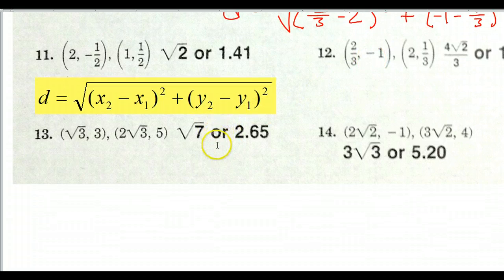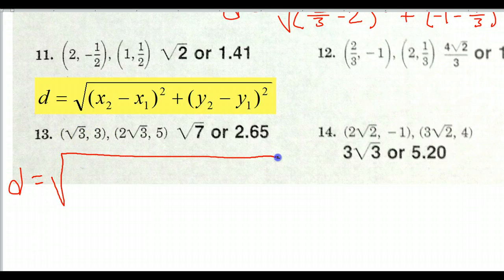Okay, let's do this distance formula for number 13. One more time. Square root of x minus x. So that's going to be radical 3 minus 2 radical 3 squared plus.